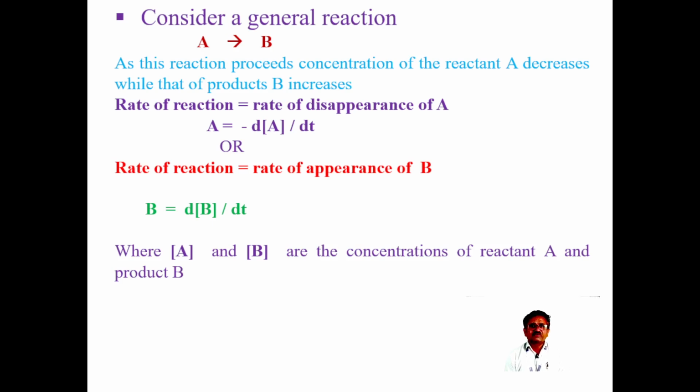And we can define the rate of reaction in terms of product as the rate of appearance of product B. Mathematically we can write it as d[B] upon dt, where d[B] means change in molar concentration of B, divided by dt, meaning change in time. Here the square brackets of A and B are both considered as molar concentrations of substances A and B.